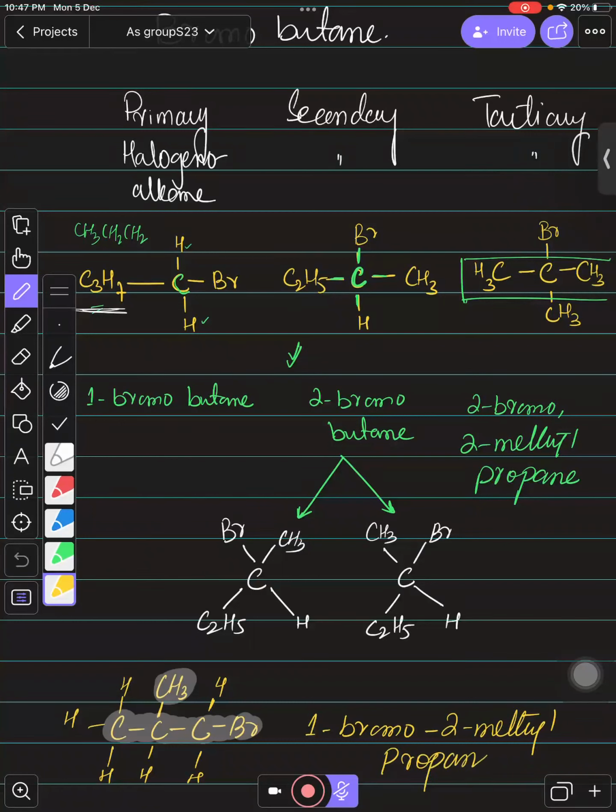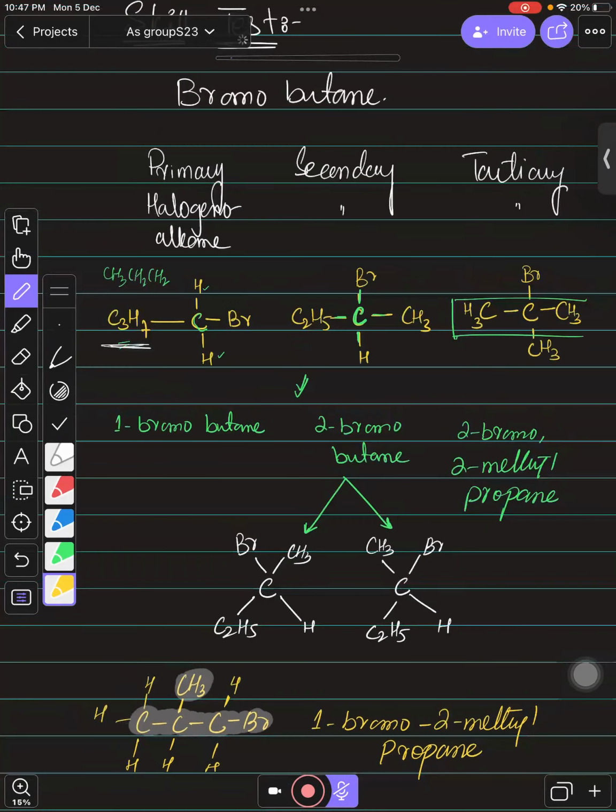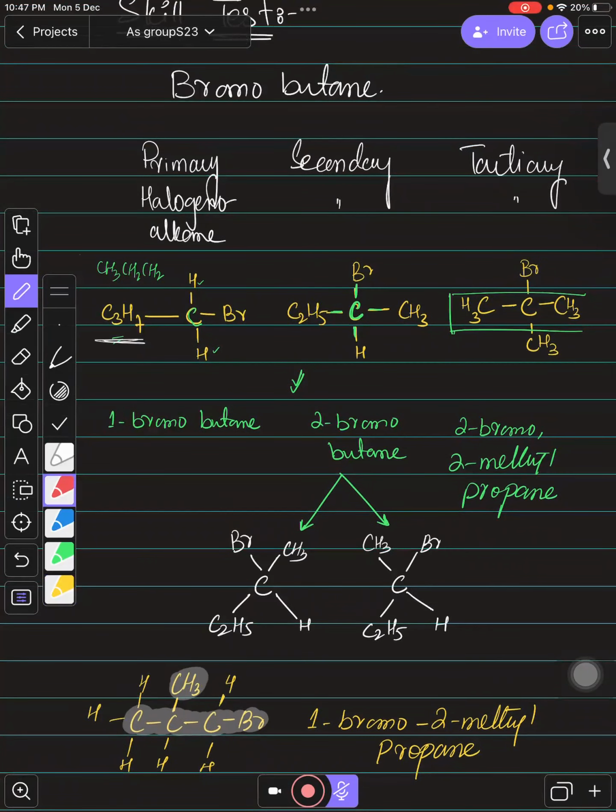So again, we have 5 structures of bromobutanes, right? The first one is this, second one is this, third one is this, and the fourth one is this. These are the 4 structures, and we have 2 different structures of the second one, so 2A and 2B. So in total, we have 5 different structures, right?